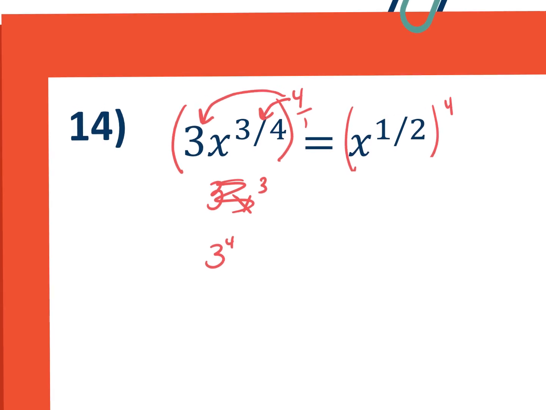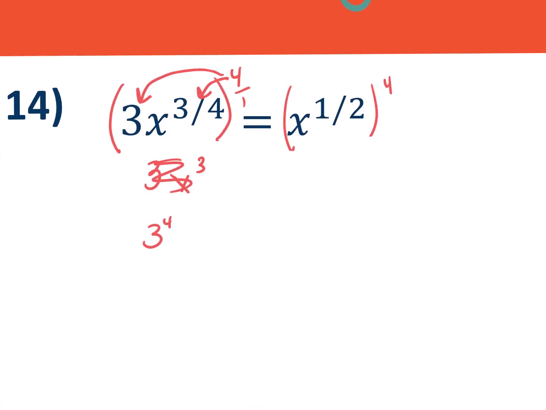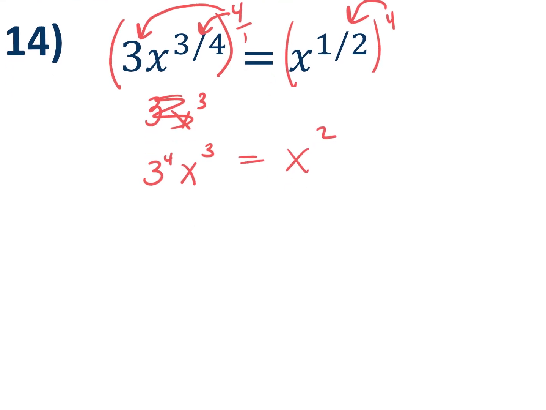So you guys have got to pay attention to that. This 4 is on the outside, so it goes to everything on the inside. And then over here, I have 4. When I multiply here, what does that become? 4 divided by 2 is 2. So 3 to the 4th power is 81. X cubed equals what?